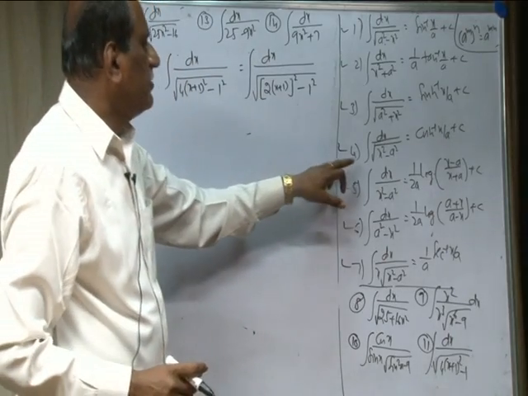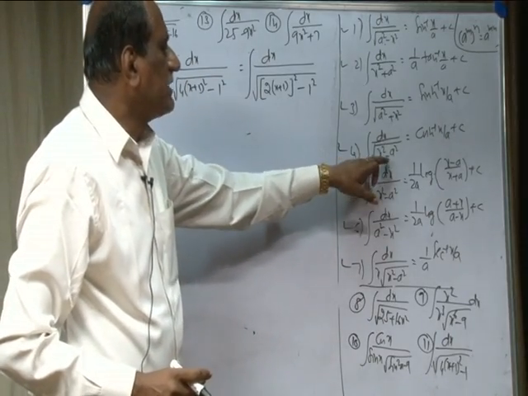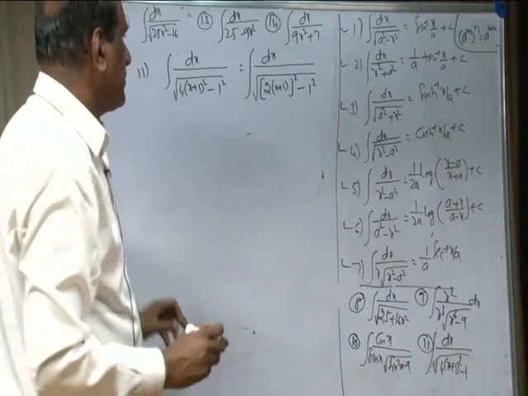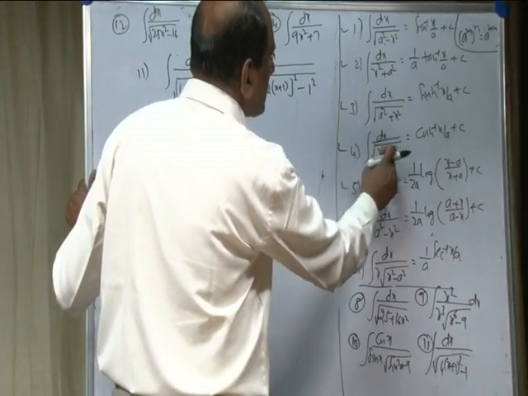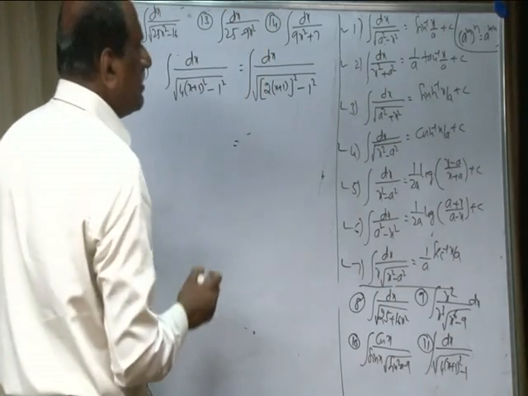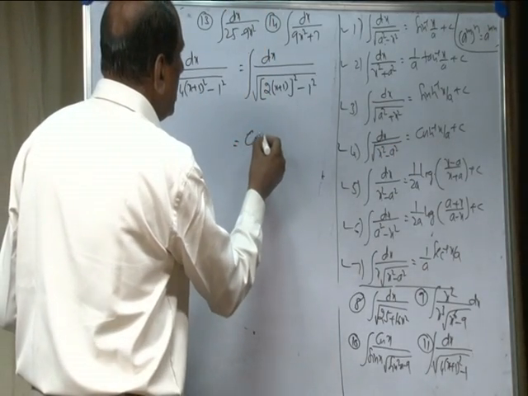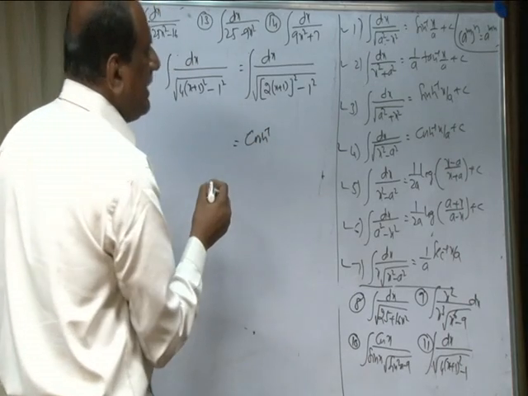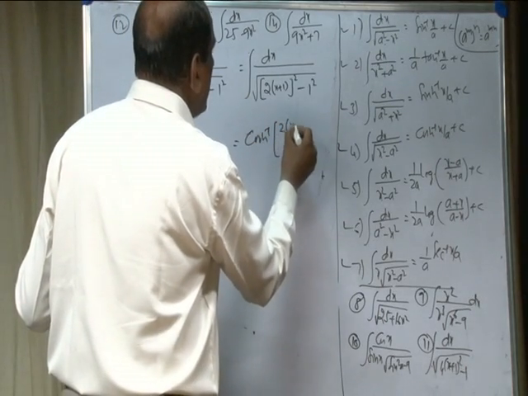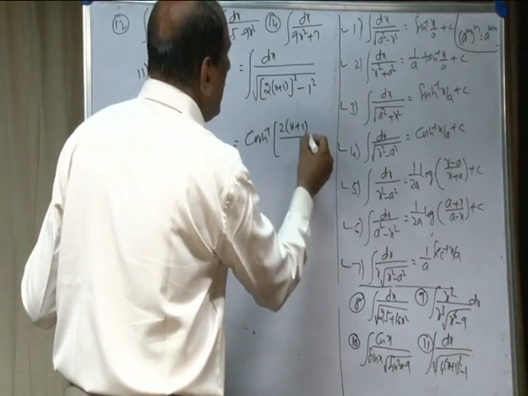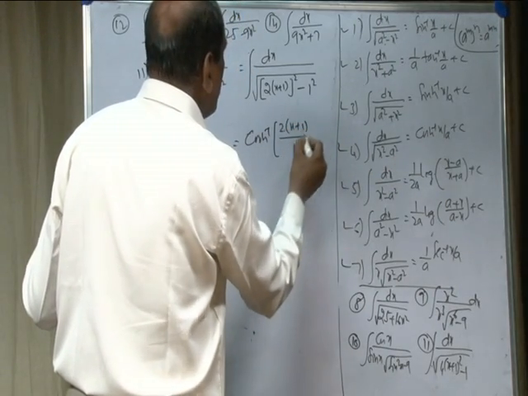Now I am going to use the 4th result: dx by root of x square minus a square is equal to cos h inverse x by a. So, what is x? x is 2 into x plus 1, and a is 1.